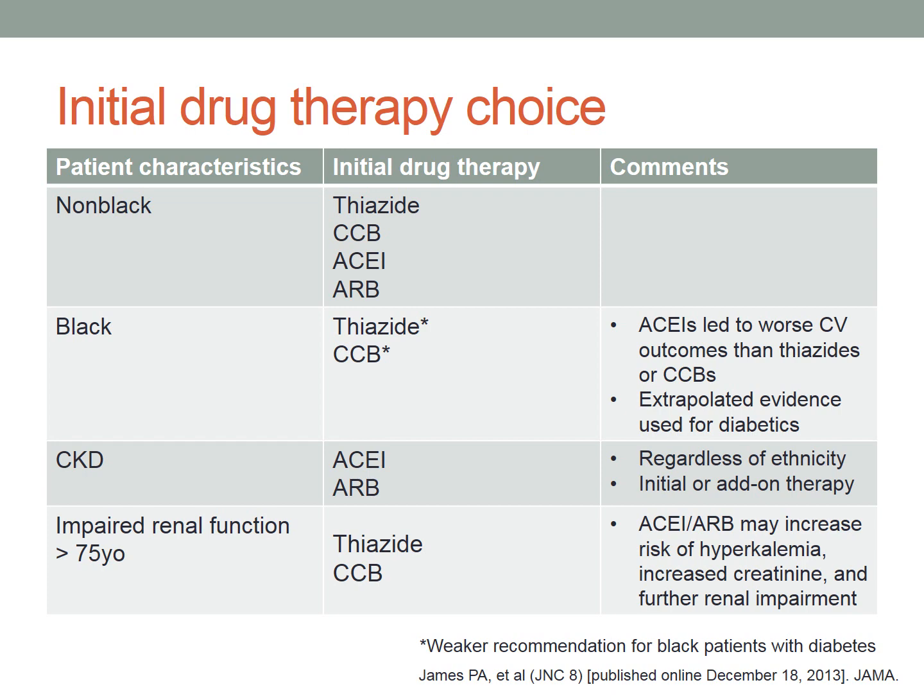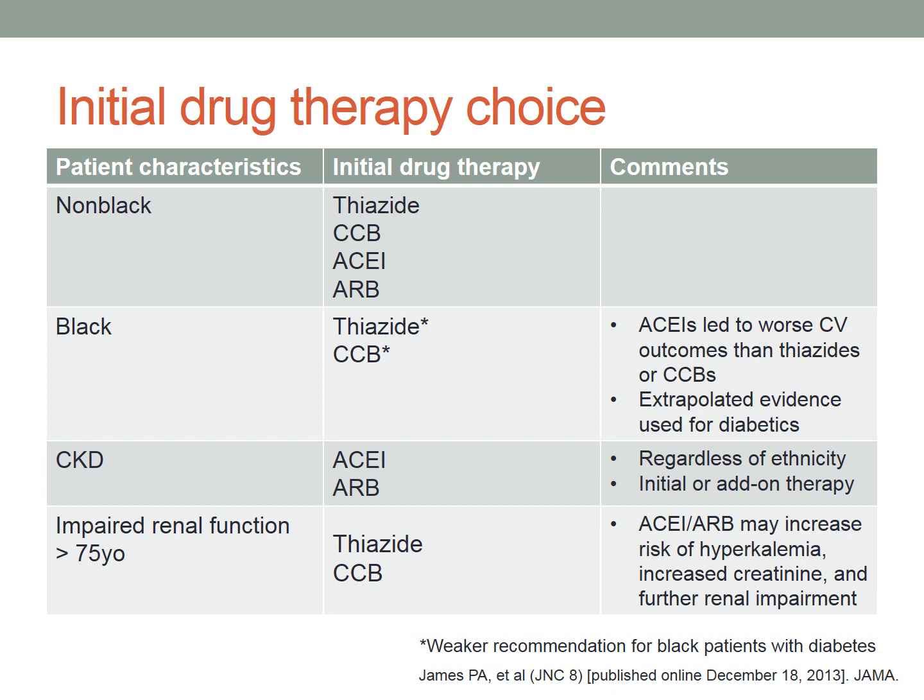Also, in patients with impaired renal function who are greater than 75 years old, ACE inhibitors and ARBs may be beneficial, but the evidence is lacking, and use of an ACE inhibitor or an ARB may increase potassium, serum creatinine, or promote further renal impairment.